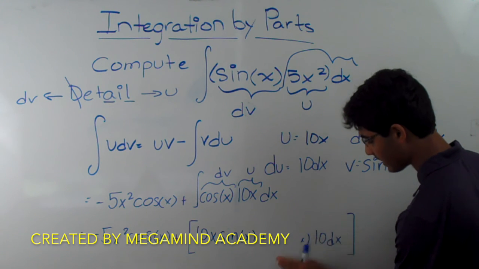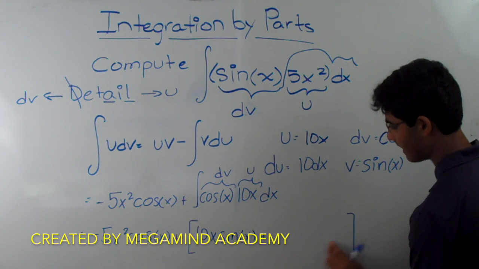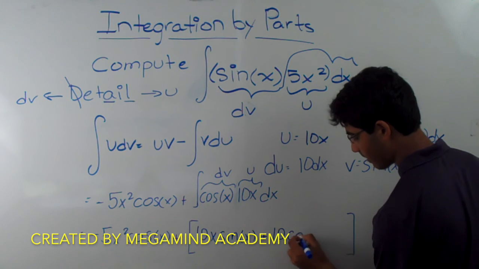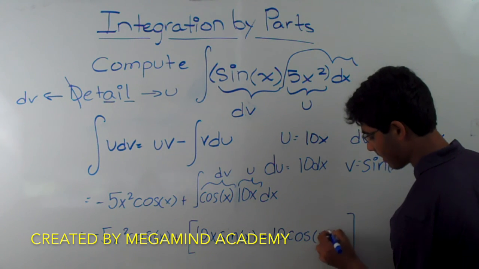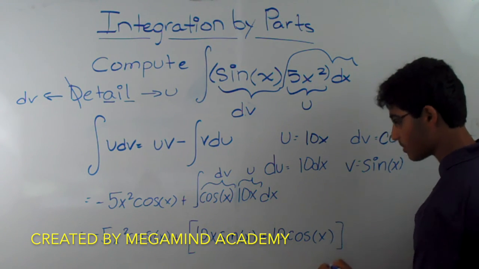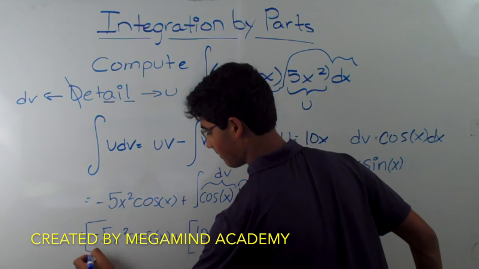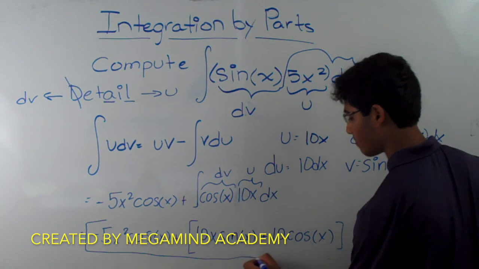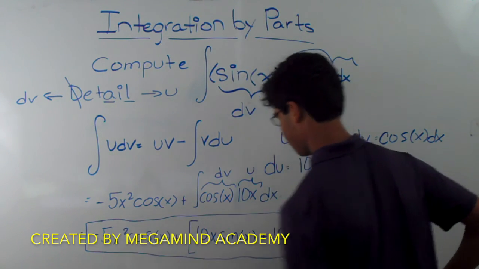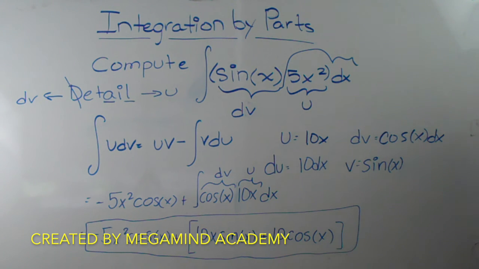So we can erase this integral here and add 10 cosine of x. So the answer to this problem is negative 5x squared cosine of x plus, in brackets, 10x sine of x plus 10 cosine of x.